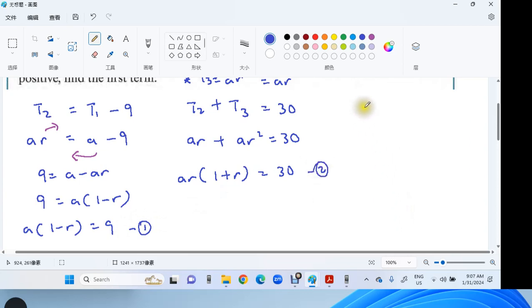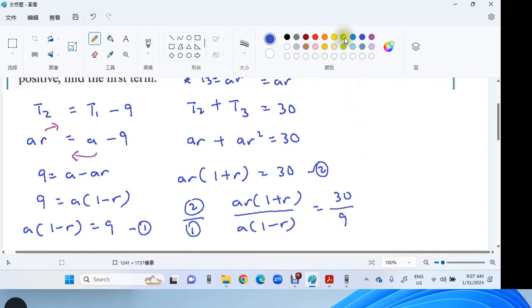Next, we use equation 2 divided by equation 1. So AR(1 plus R) over A(1 minus R) equals 30 over 9. The A we can cancel, so 3 over 10, and we cross multiply.